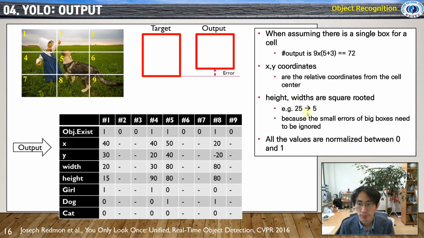So that's why they took the square root for the height and width. And then all the values here are normalized between 0 and 1 to train the networks.